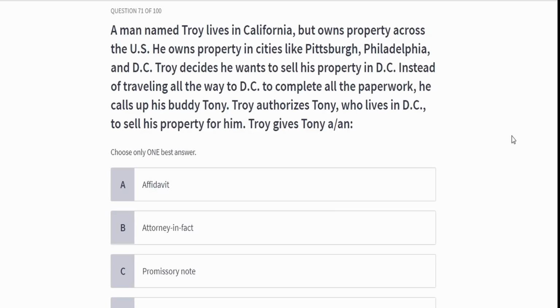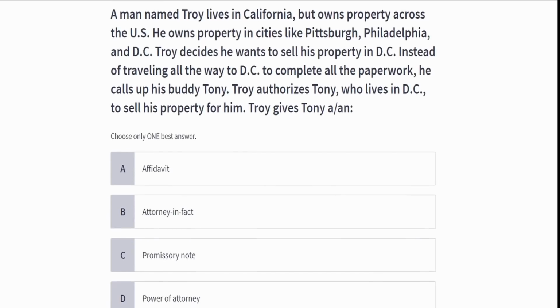Okay, so there's an affidavit, there's an attorney-in-fact, there's a promissory note, or power of attorney. So it's one of those options. Give yourself some time to think this one over and come up with your answer, starting now.